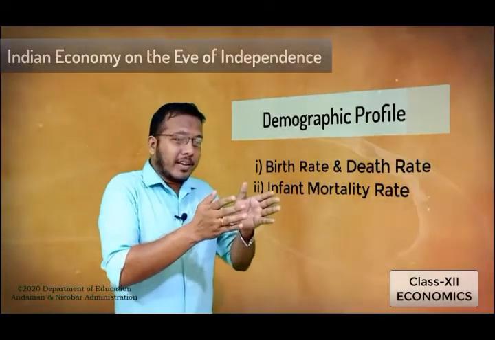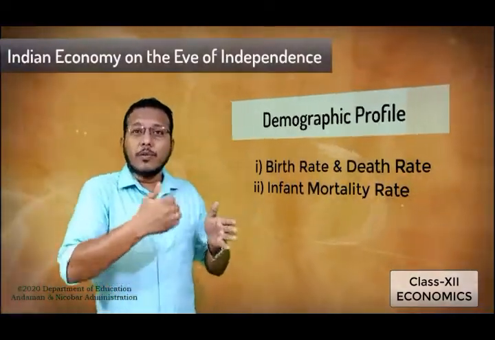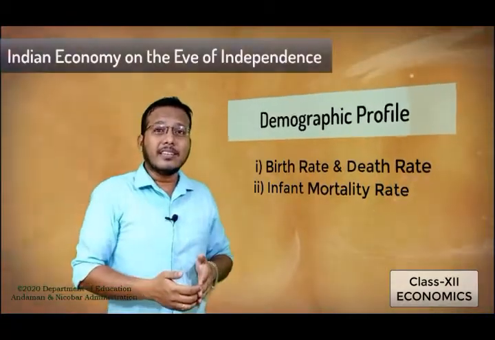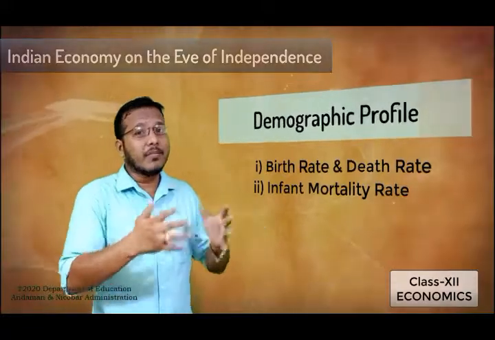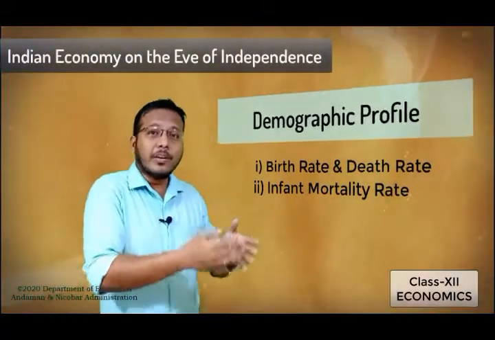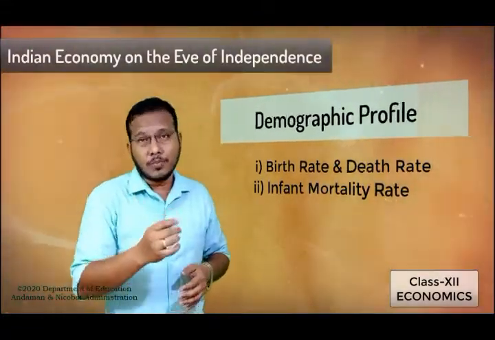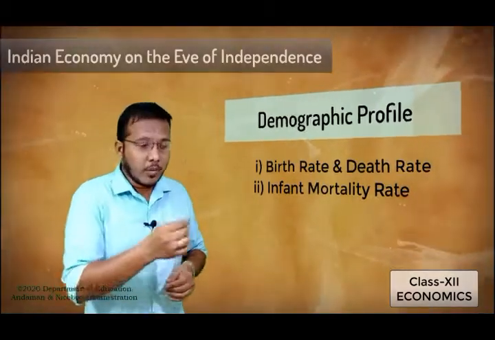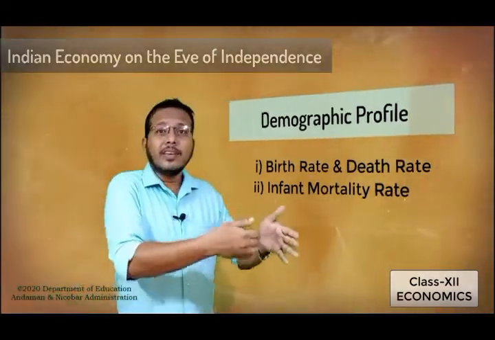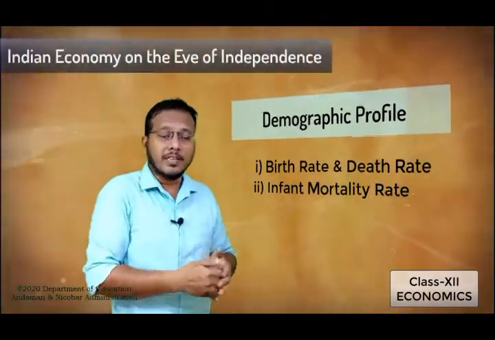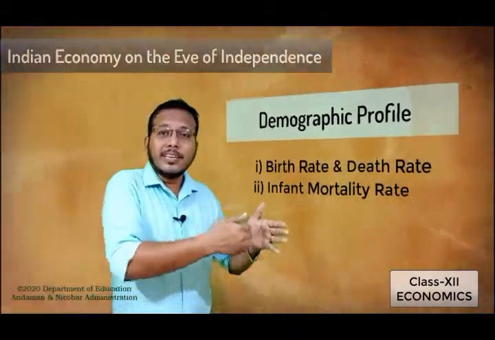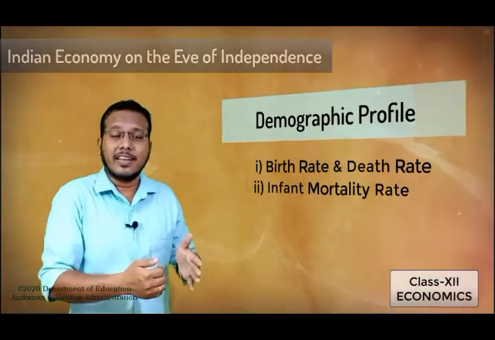By getting the knowledge about the infant mortality rate, you can very easily guess that the health facility we had at the time of independence, at the time of British rule, was very low. Due to malnutrition and insufficient diet for the mothers of infant babies, the death rate increased at that time.